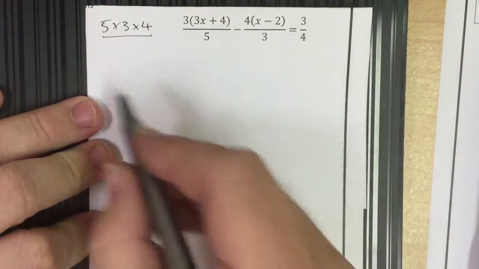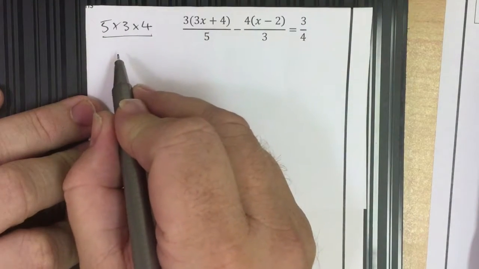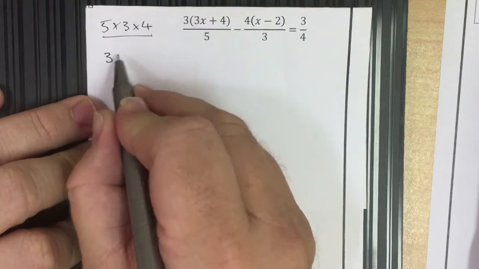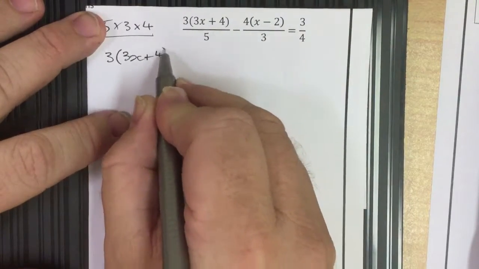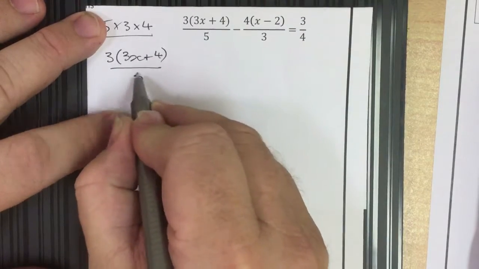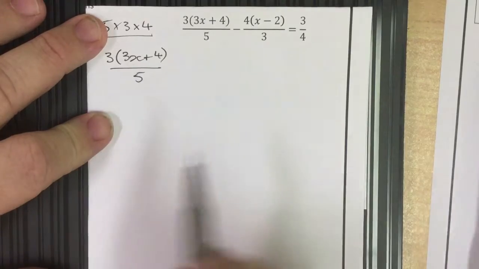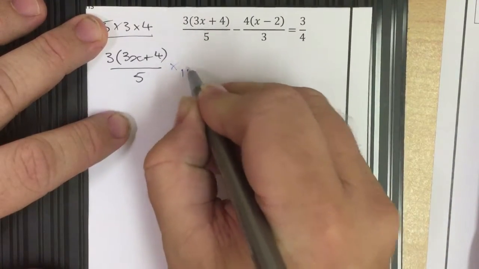So I'll write it again, and I'll have a bit more room this time to include these changes to the denominators. The first term here, okay, so I need to get that number 5 up to 60. The way to do that is I need to multiply by 12.